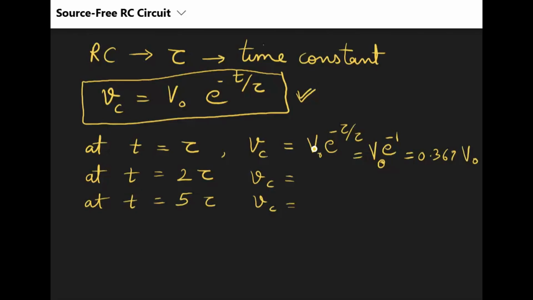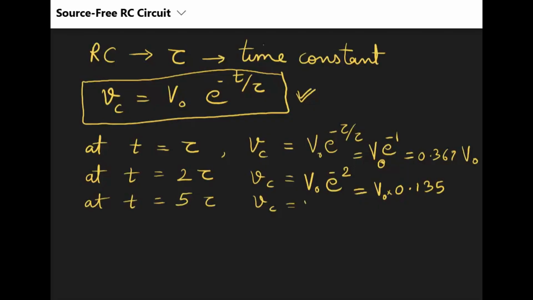If we will see at t equals to 2 tau, the value of Vc is V0 e to the power minus 2 and the value of e to the power minus 2 is 0.135.